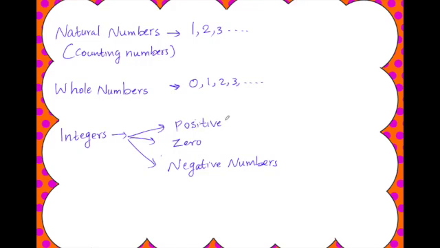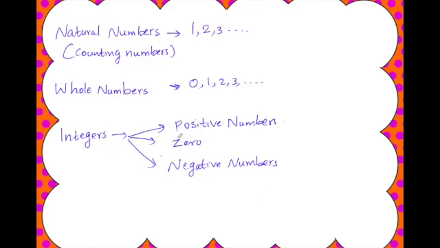All these sets of numbers together we call as integers. We will study in detail in the coming slides. So remember, what are integers? It's a group of 3 types of numbers: negative numbers, 0, and positive numbers.